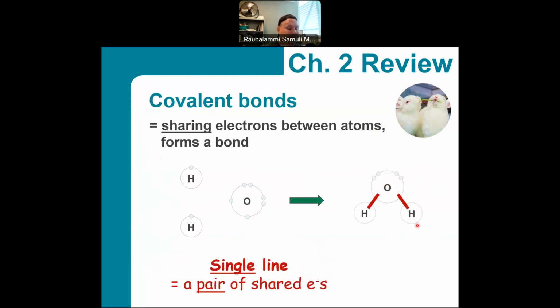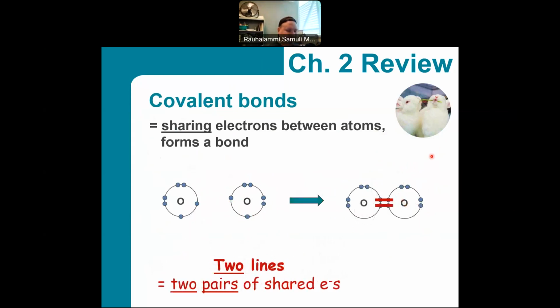A single line tells us that 2 electrons are in that particular part of a molecule shared together, forming a covalent bond. What I did here, I kind of twisted around this diagram into more of an accurate representation of what a water molecule looks like. It doesn't quite line up the way I had drawn it before.